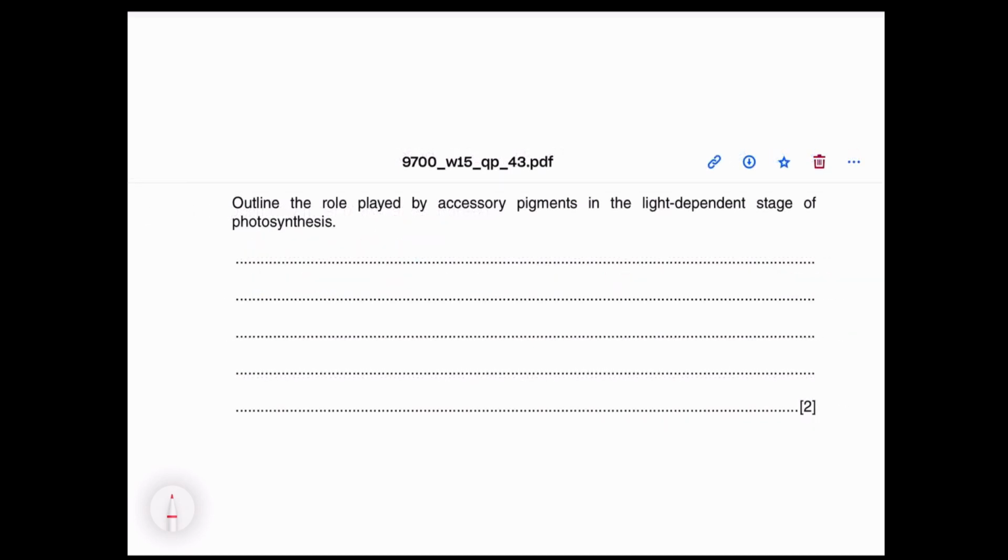Another relevant question will be, outline the role played by accessory pigments in the light-dependent stage. We know that the accessory pigments surround the primary pigment. So what is the point of allowing the accessory pigments to absorb the light or the energy before chlorophyll A?